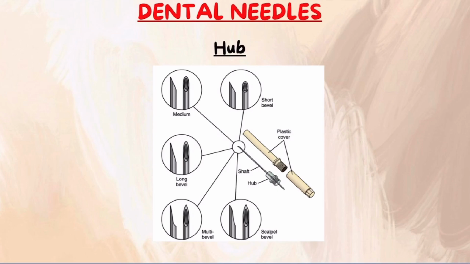One practical feature is that some manufacturers include bevel indicators on the hub. This helps you to know exactly where the bevel is pointing during the injection, ensuring that the bevel is facing the right direction and minimizes tissue resistance, making the injection smoother.